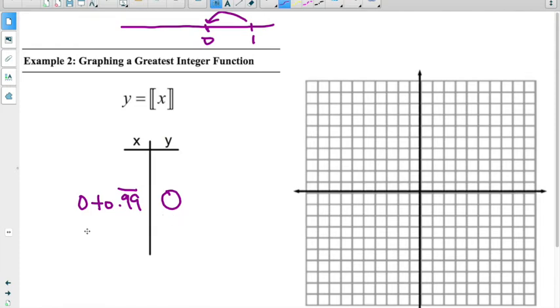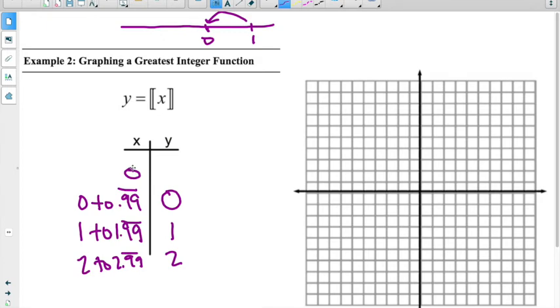The next range: as soon as we reach 1, all the way up to 1.99999 repeating, it's going to spit out 1 for us. Then 2, all the way up to 2.999, it's going to spit out 2. We could keep going in the positive direction, but let's go back to the negatives.